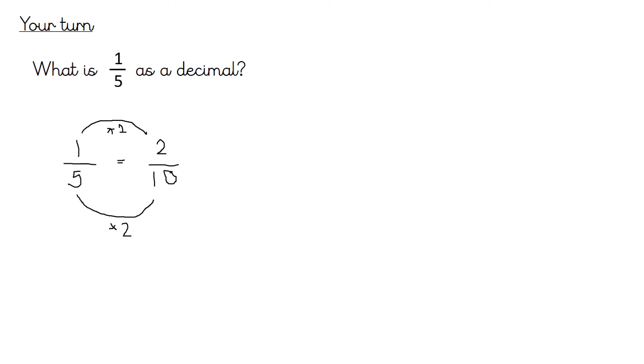So as an equivalent fraction, 1/5 is the same as 2/10. Now, I can very easily now turn this into a decimal. 2/10 is the same as 0.2. So as a decimal, 1/5 is 0.2. It's that simple.